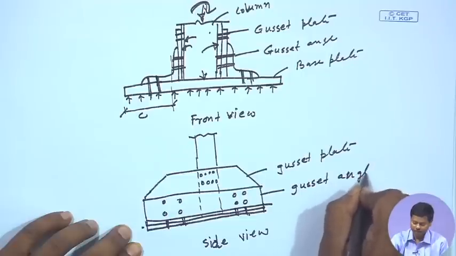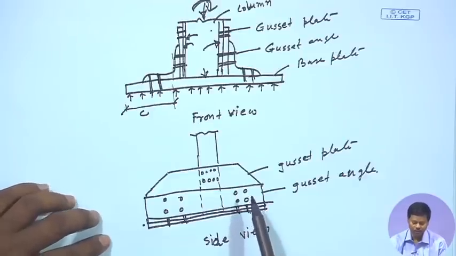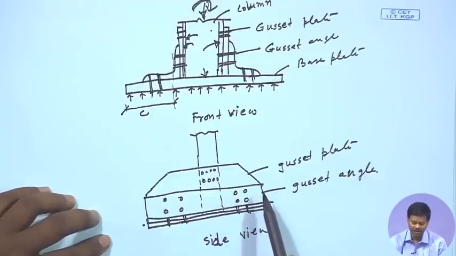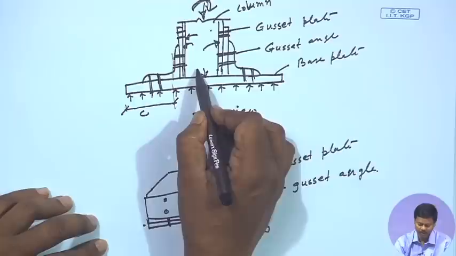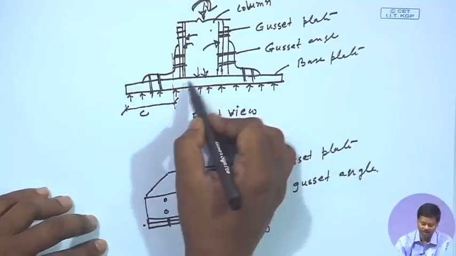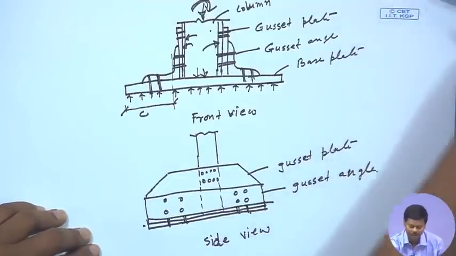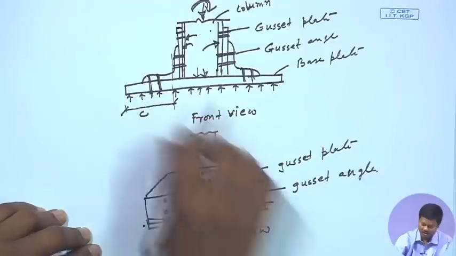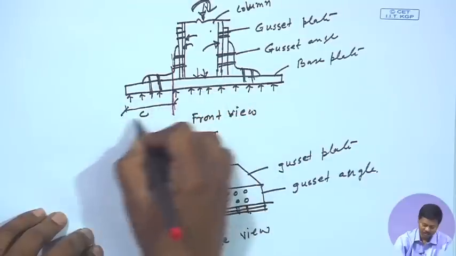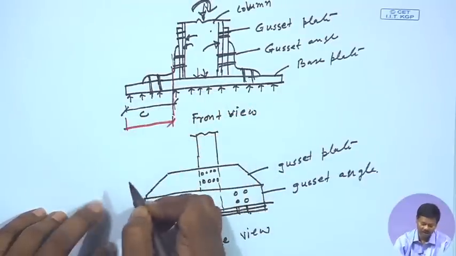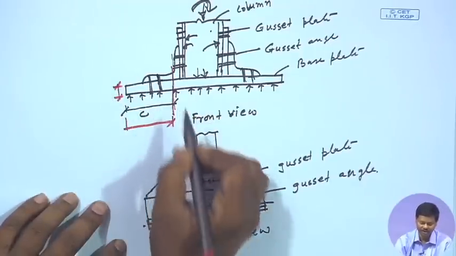right. So, the basic objective of providing the gusset plate is to carry the load from the column to the base plate through this gusset plate. That means the load is going to disperse not only through the bearing of the system, but also through the gusset plate we are providing a certain amount of load path. So, the maximum moment will be calculated at this position, and the thickness of the base plate can be found from the flexural strength of the base plate.